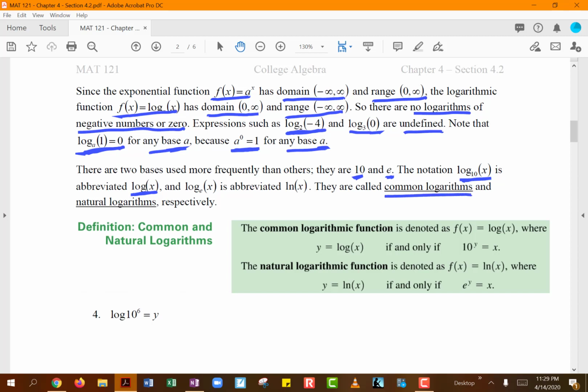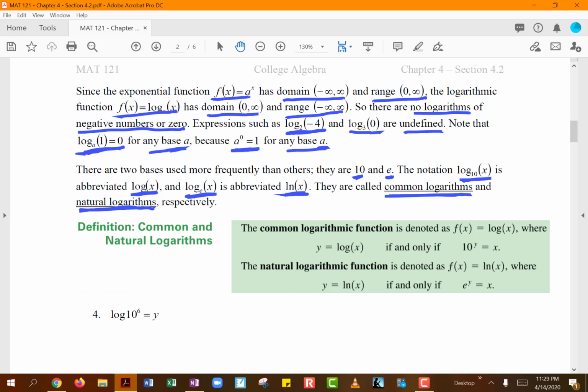Our other frequently used base is base e. Instead of writing it as logarithm with base e, we use the abbreviation ln, or as we call it, the natural log. So base 10 is called the common log, base e is called the natural log, the abbreviation for base 10 is just log of x, and the abbreviation for base e is ln of x, or natural log of x.